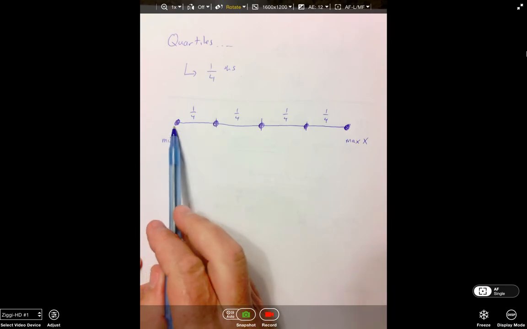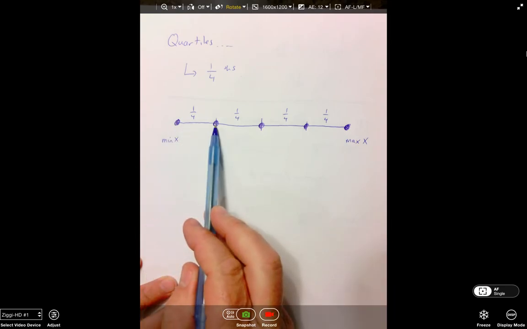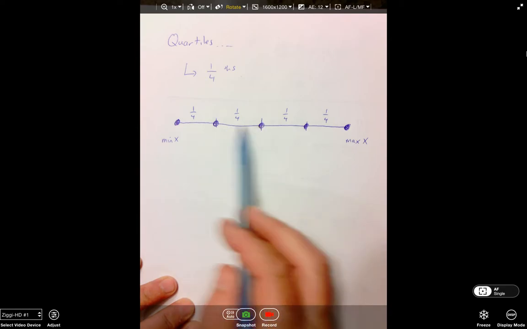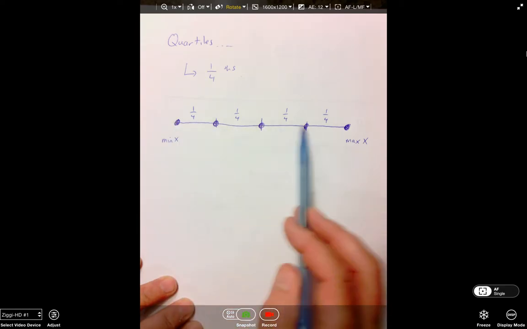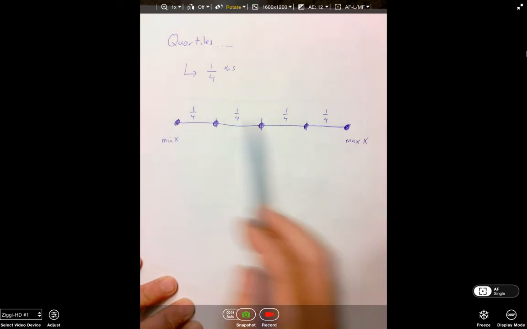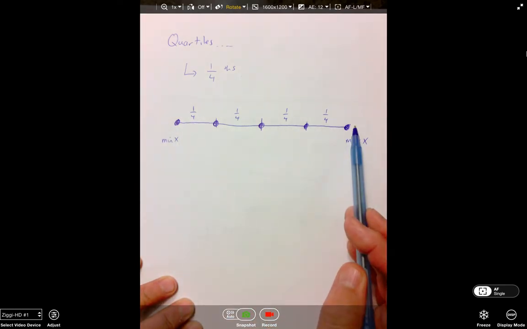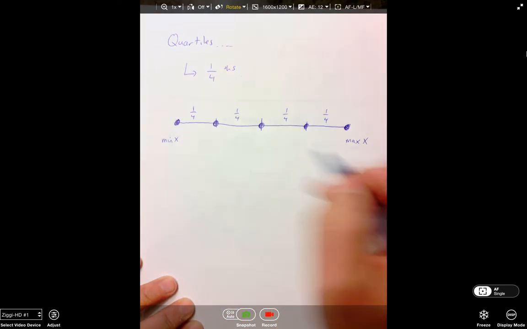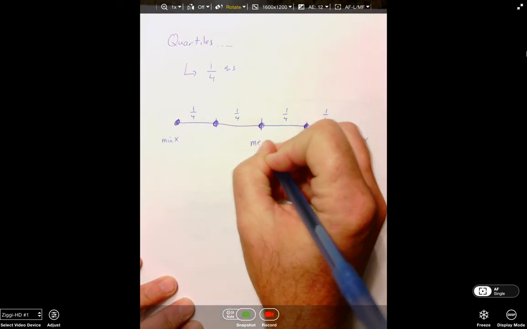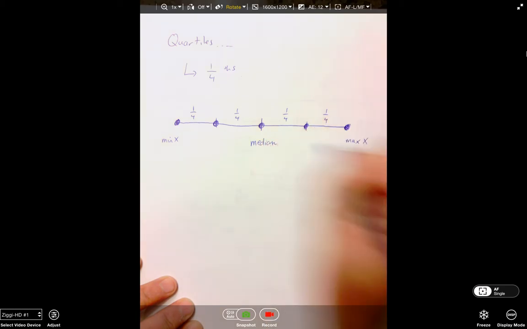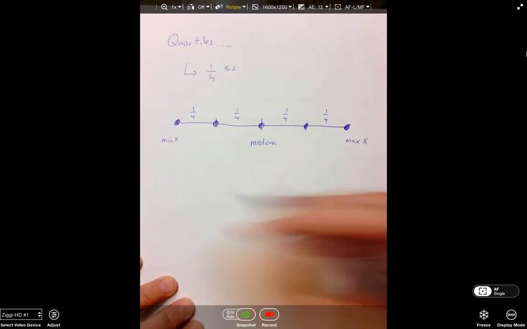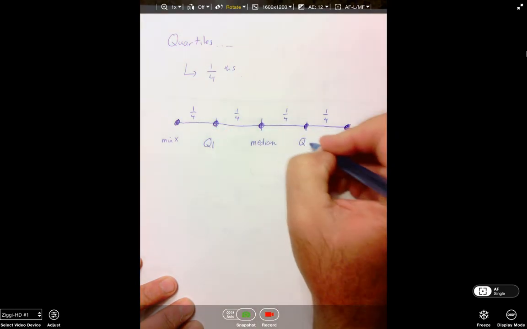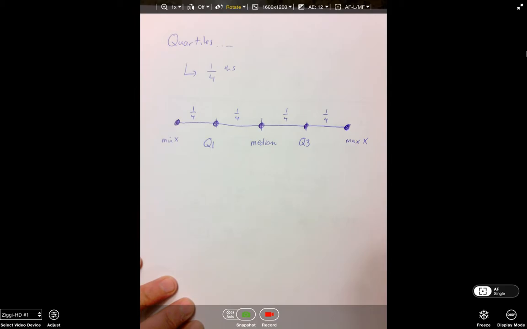A starting location, the location where you have 25% of your scores below, this location where you have 50% below, this location where you have 75% below, and of course you have the top score where you have 100% below. Okay? Well, guys, when this is our data set, we already know that the cut in the center is called the median. Well, this cut right here we call Q1, and we call this cut Q3.